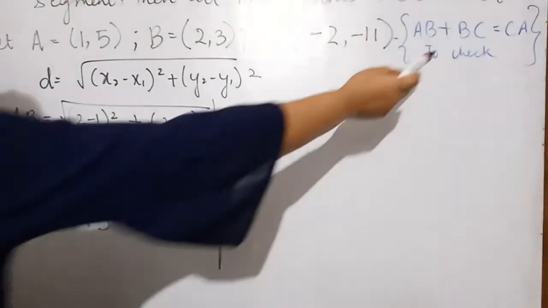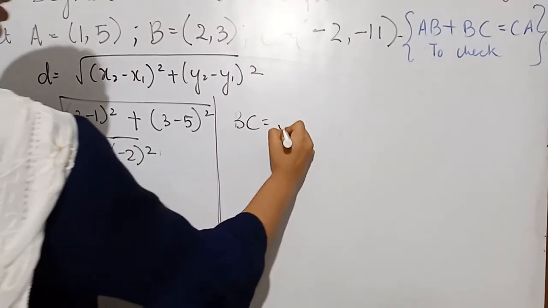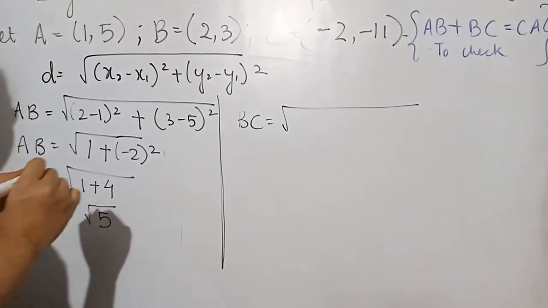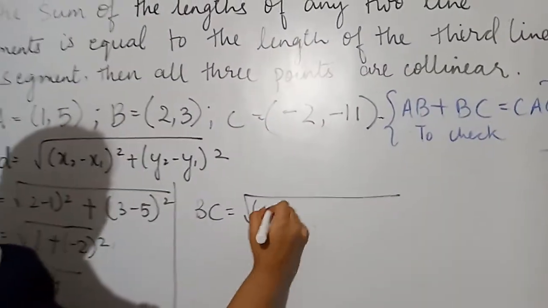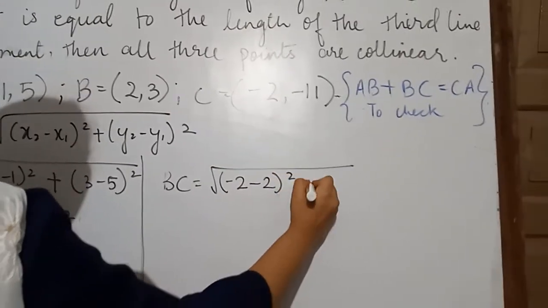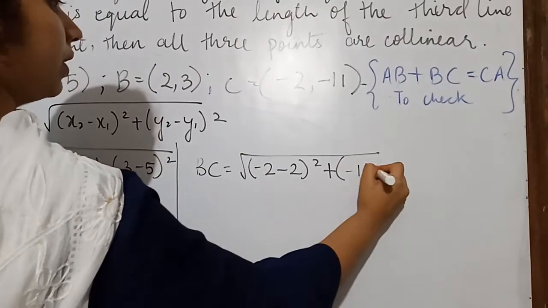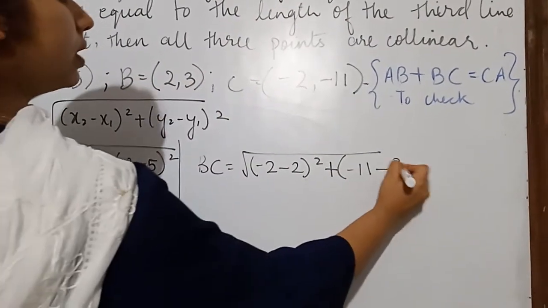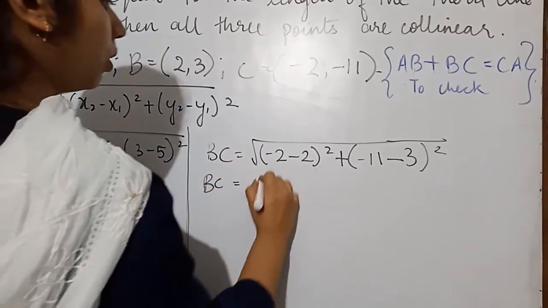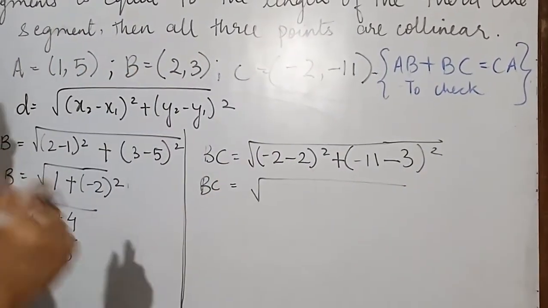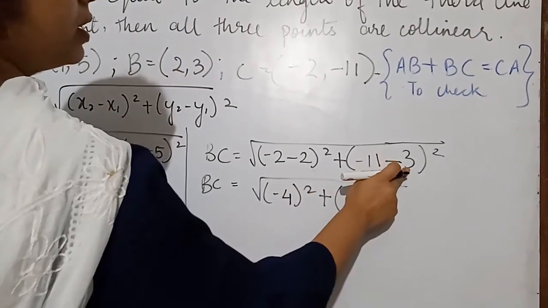Next we have to find out the distance of B and C. So BC is equal to x2 minus x1. So x2 is minus 2, x1 is 2. Minus 2 minus 2 whole square plus y2 minus y1. y2 is minus 11, minus of y1 is 3 whole square. BC is equal to whole under root of minus 2 and minus 2 will give you minus 4 whole square plus 11 minus 3 is what?